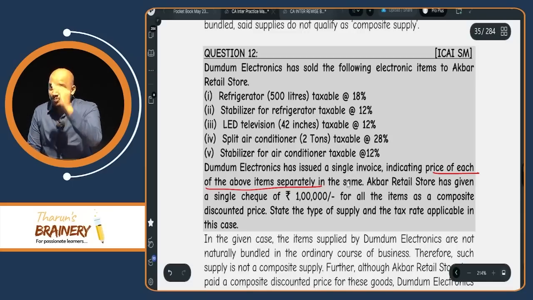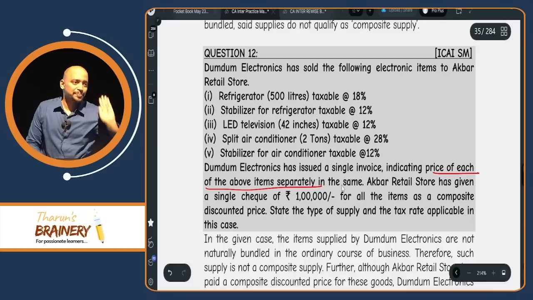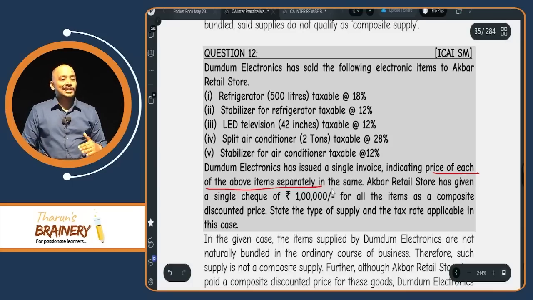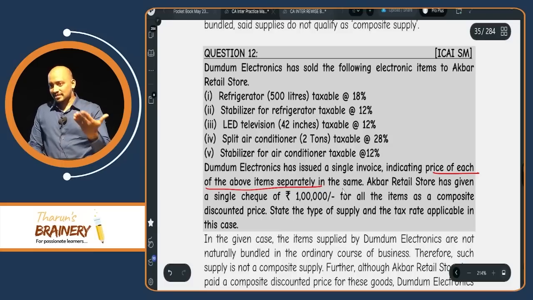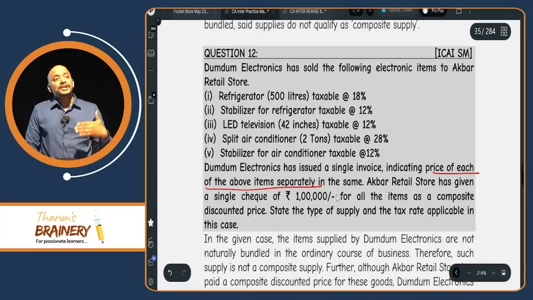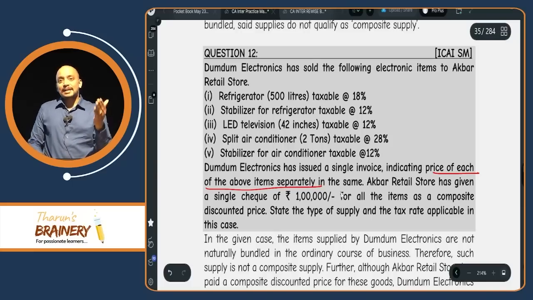What we need to see is the price: single price or separate price. Is it a single price? No. So, second point you will write: it is also not a mixed supply as there is no single price. Third point: therefore, it will be treated as individual supplies as separate prices are available. So the respective prices will be taxable at the respective rates.